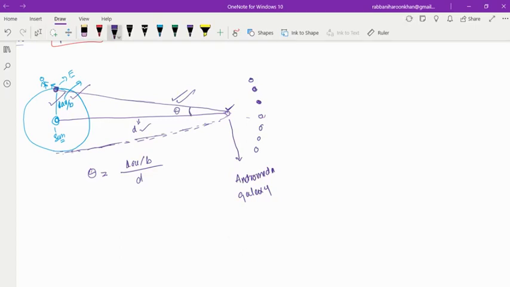The distance between Earth and Sun is smaller than the distance between this Sun and this galaxy. So we say it is denoted by B, as we have written. So B is very, very less than D, because this distance is much smaller than that one.